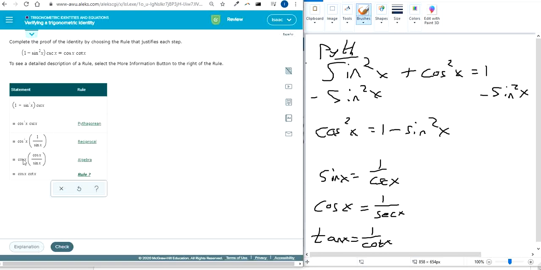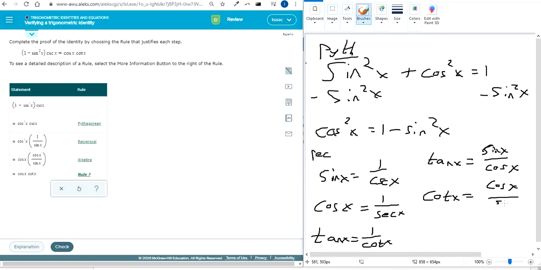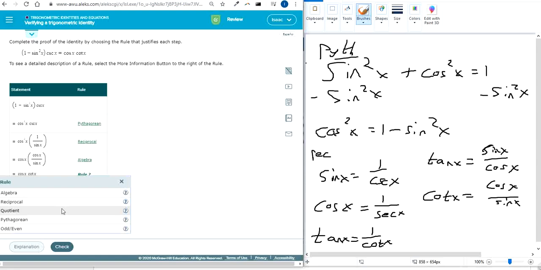And then for this last step, now that we've rearranged, we've almost got what we were trying to prove. We've almost got cosine x, cotangent x. So from the second to last row to the last row, you can see that the parentheses was replaced with cotangent x. Anytime you use this fact that tangent x is sine x over cosine x, and cotangent x is cosine over sine, because it's the reciprocal of tangent, that is the quotient rule.